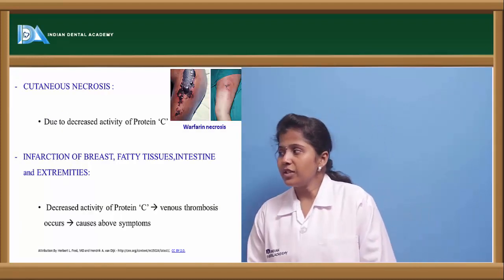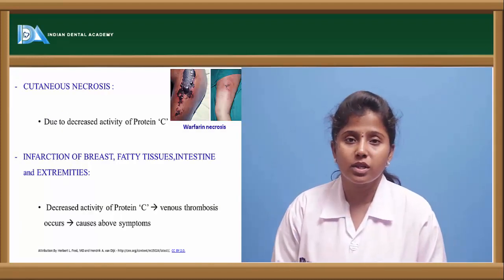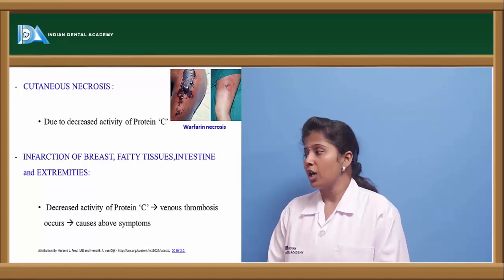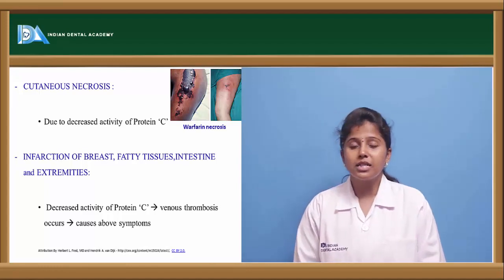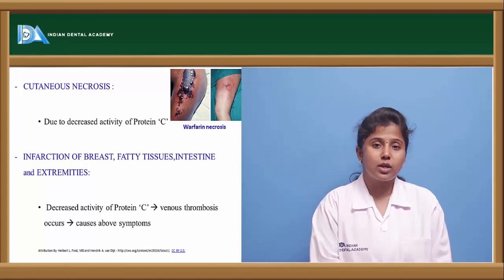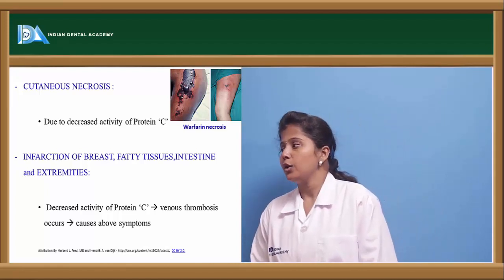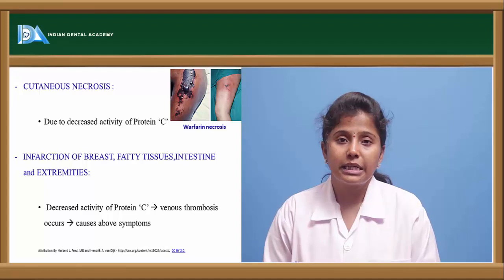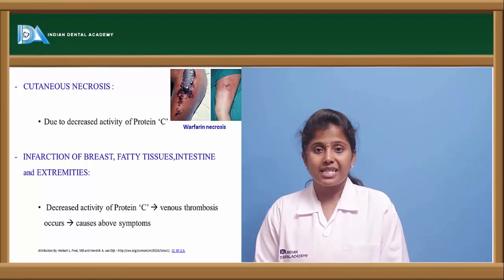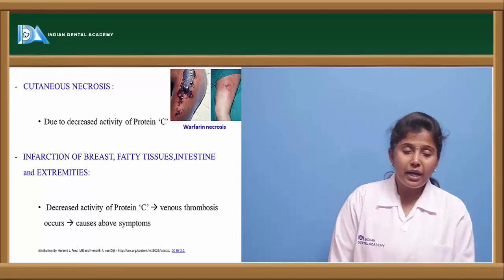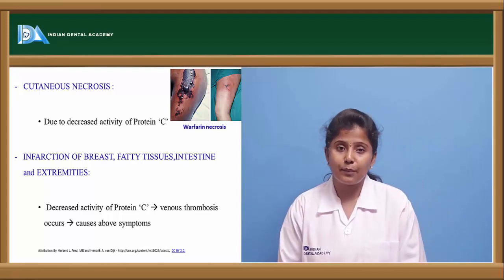It also causes cutaneous necrosis. So it causes damage to the tissue, or if we give it through the subcutaneous route, it causes necrosis or damage at the particular site due to the decreased activity of protein C. Protein C is one of the main proteins aiding in the development of the tissue.